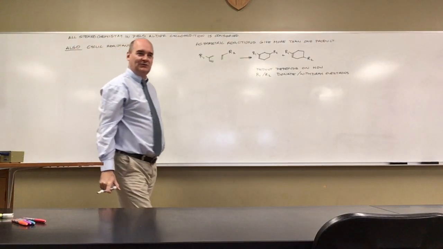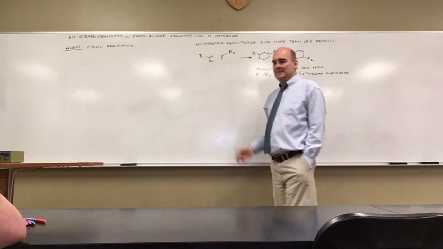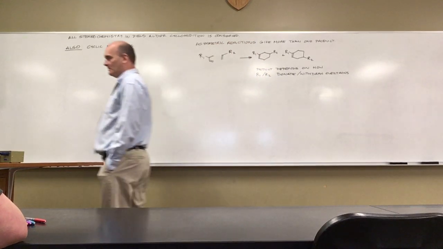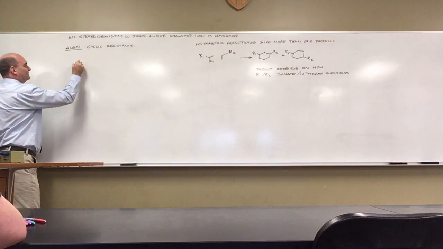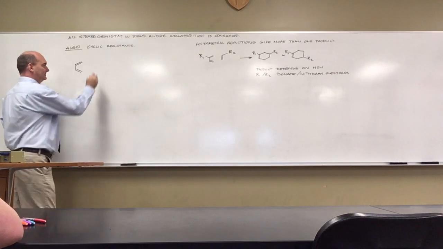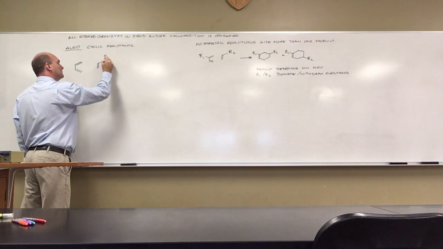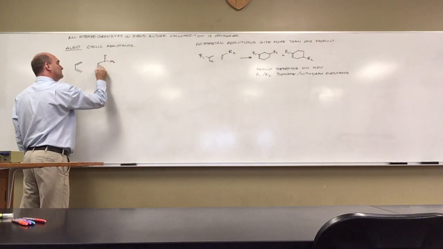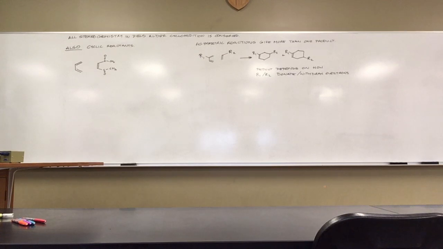If your reactants are already part of a cycle, you're going to get something you weren't expecting. Here's butadiene. Here's a dienophile. Okay.